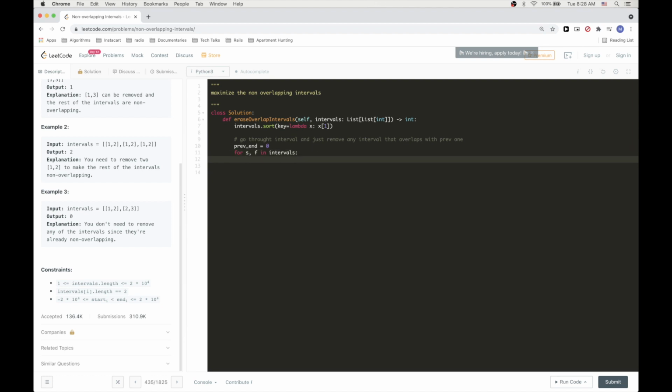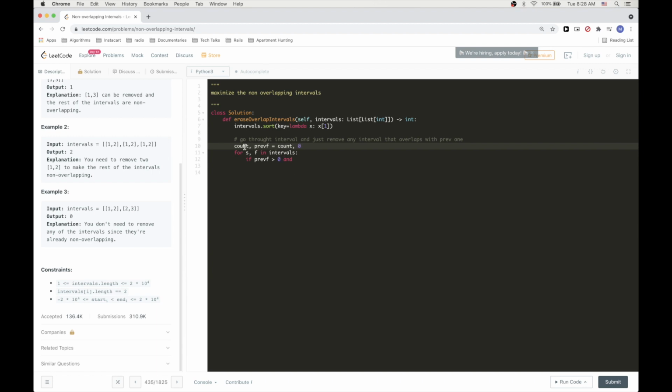Here we can say if previous finish is bigger than 0, we need to count the overlapping intervals, the ones to remove.